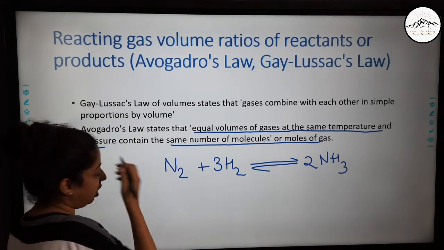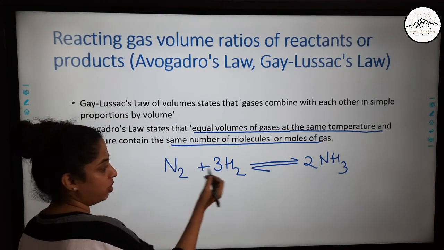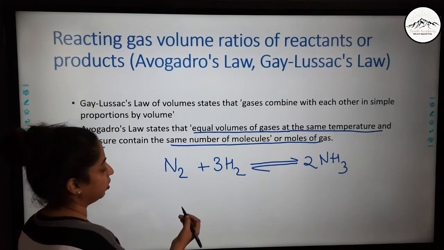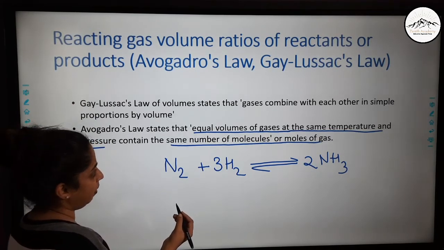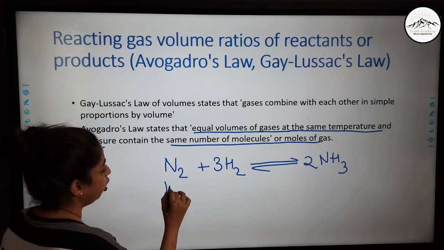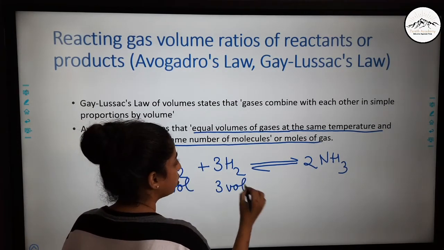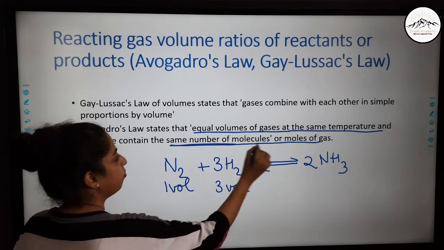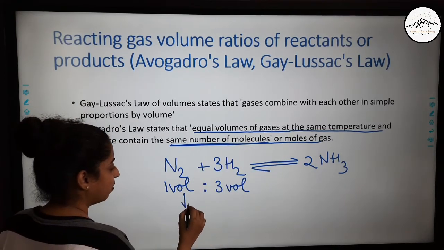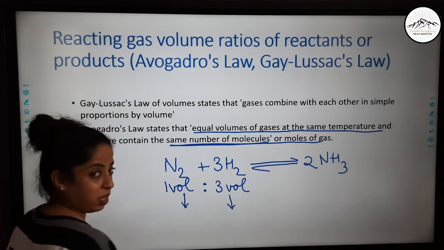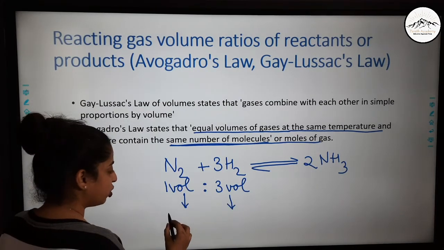if I say that volumes are in the ratio 1:3, the combining ones, then we can also say that since it is 1 volume or it is 3 volume, this also corresponds to same number of molecules, or we can say that this ratio of volume is same as the ratio of moles.